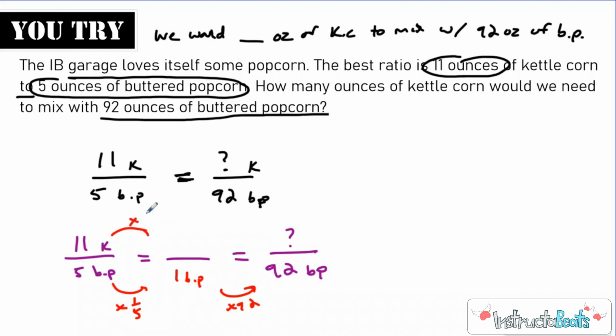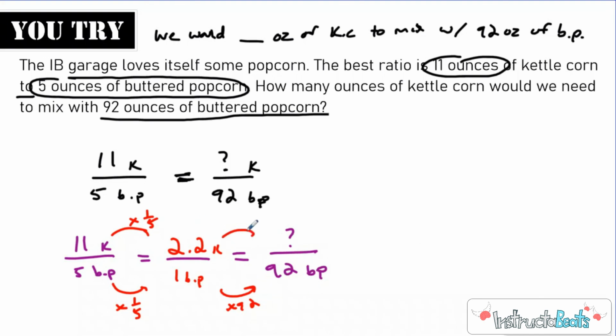When I do the same thing right here, I'm going to end up getting 2.2, or 2 2/10, okay? Now you have your unit rate. You would have 2.2 ounces of kettle corn for every 1 ounce of buttered popcorn. Now you can solve any question, right? Now the question we're looking for is, what if I had 92 ounces of buttered popcorn?